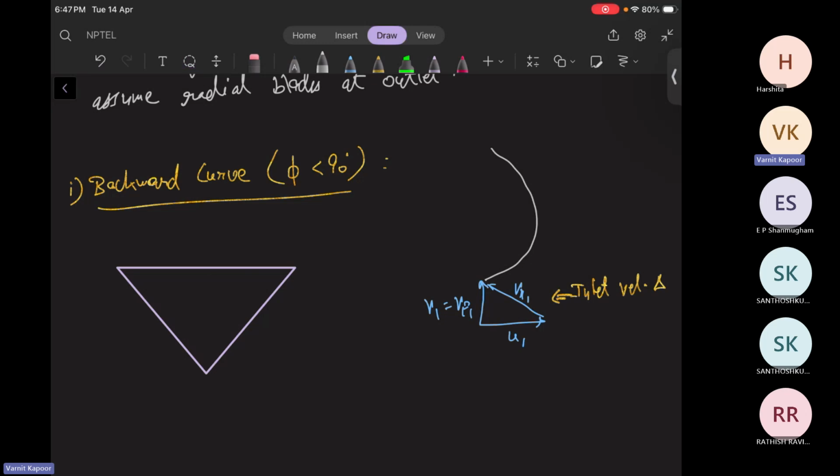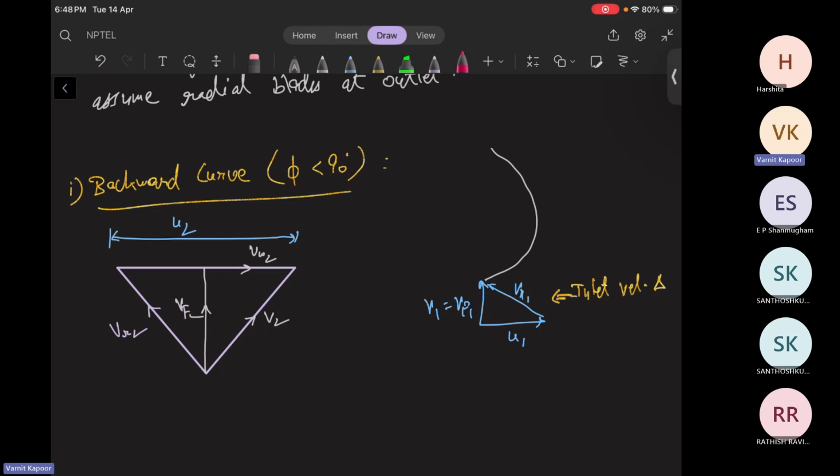So we have Vf2, the flow velocity. This was your absolute velocity at 2. This was your whirl component Vw2. This complete length is U2 at the second point, and because of the presence of relative motion, it will be Vr2.